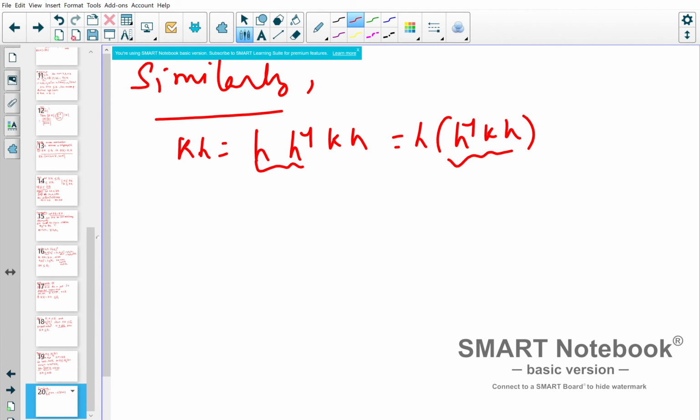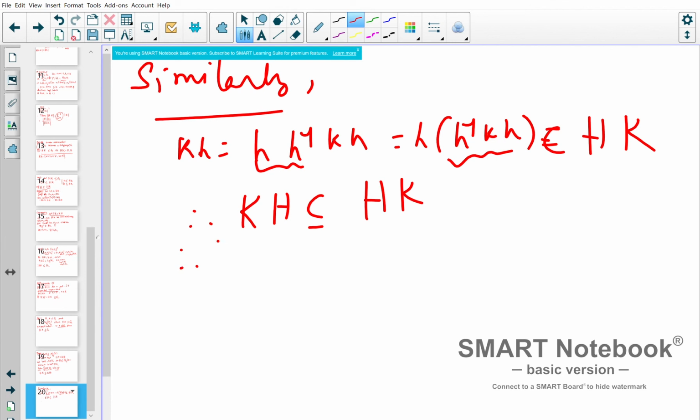But h inverse kh is an element of K, so this is an element of HK. So every element of KH is an element of HK. So KH is a subset of HK, and HK and KH are the same as a set. Hence HK is a subgroup of G.